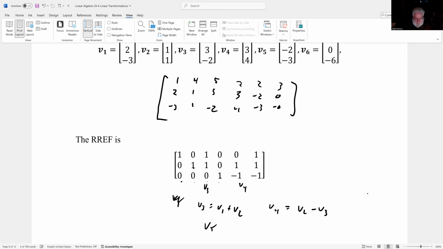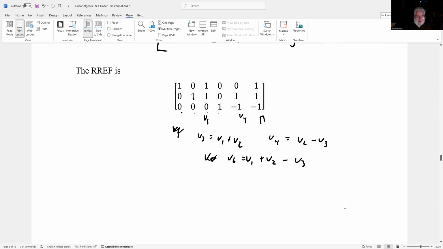And then V6, sorry, which is this column, is V1 plus V2 minus V3. So we have linear dependencies between our vectors. 3 of them are independent, and the other 3 are not.